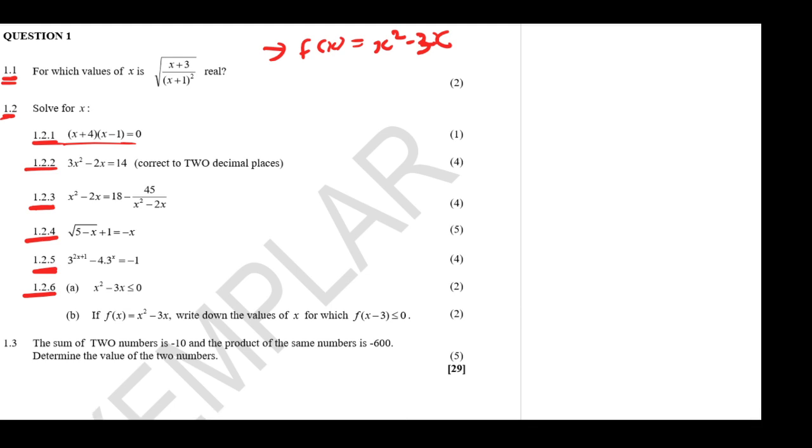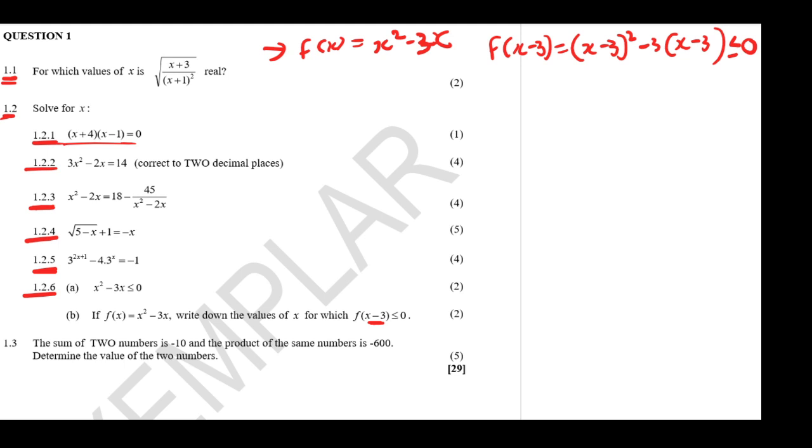So just note that. And then we are told that we need to identify the values of x if f of x minus 3. Which means where there's x, we put x minus 3. So f of x minus 3 is equal to (x minus 3) squared minus 3(x minus 3), right? It's less than or equal to 0.